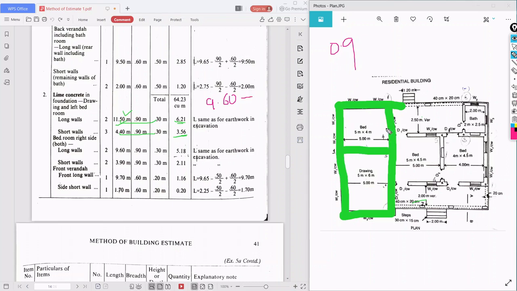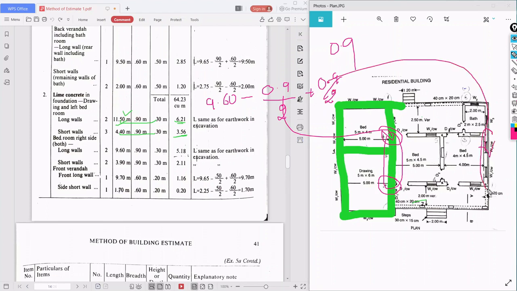Here it is already filled in this section, so there is no need for plus 0.9 by 2 here, because it is already done. So what we have to do is minus 0.9 by 2 plus 0.9 by 2. Minus because it is already done, plus 0.9 by 2 we have to do.